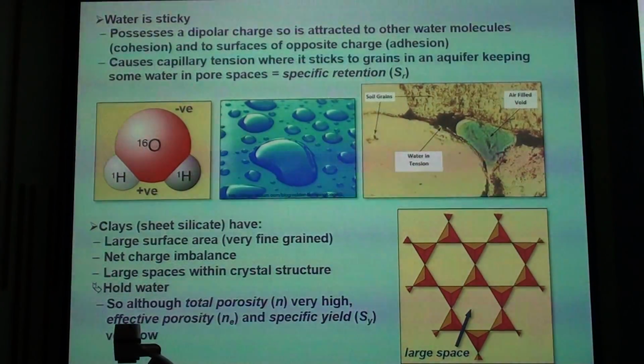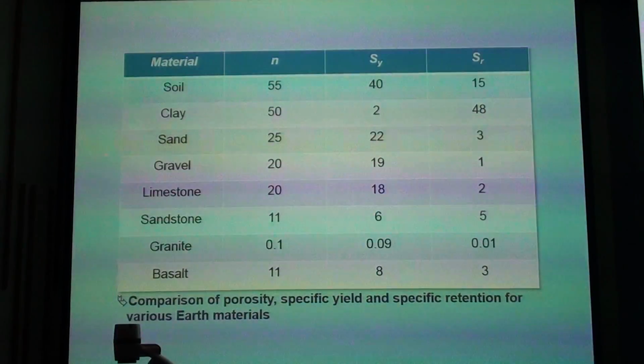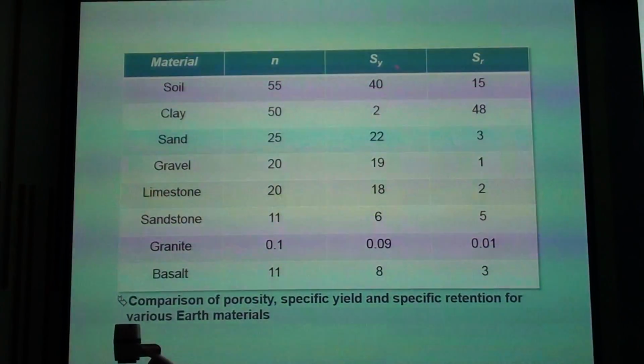So the total porosity of clays can be really, really high, but the effective porosity is generally minuscule. They don't like giving up their water. For the materials listed, clay has 50% porosity, lots of ability to hold water, but a specific yield of 2, so it's holding 48 of that back and not letting it go.